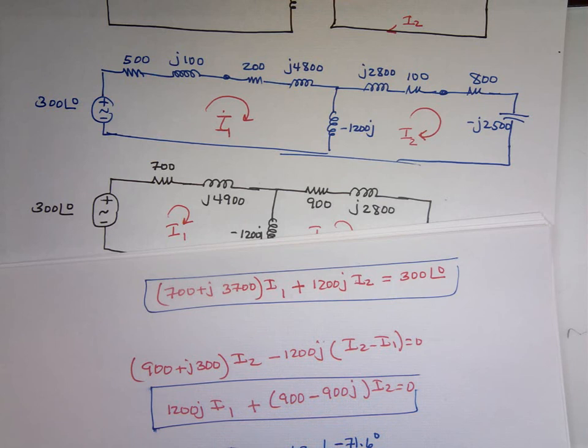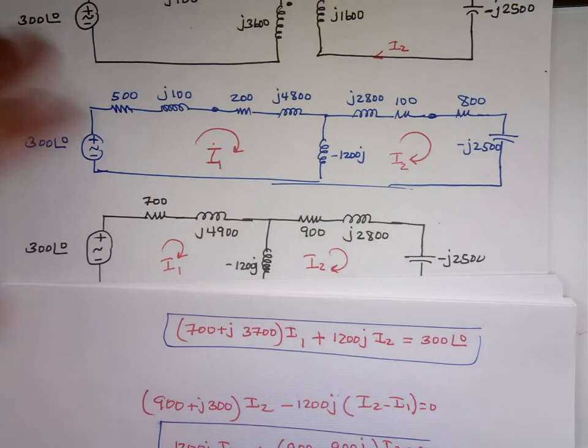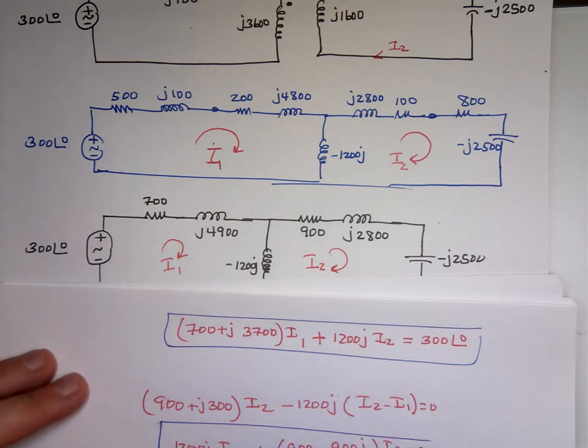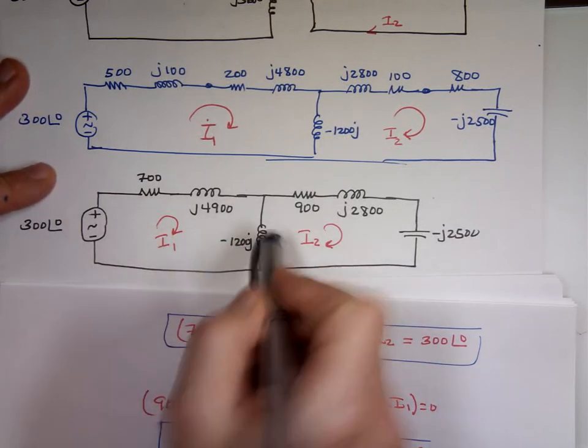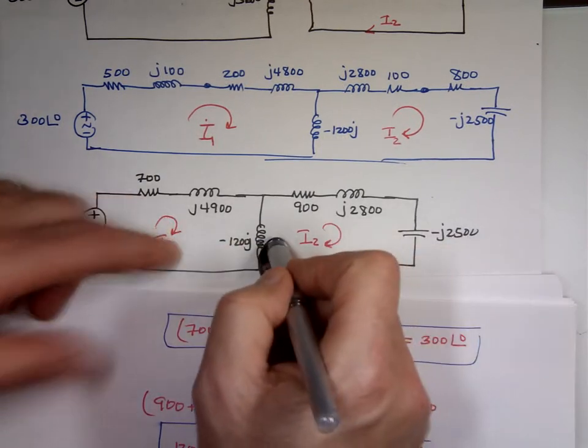If you look at the differences between the two equations that we had, the two problems, the 1200J, whether it be I2 or I1, are positive instead of negative. Let's just look at the mutual inductance. Are they going in the opposite direction? Maybe we wrote this one wrong.